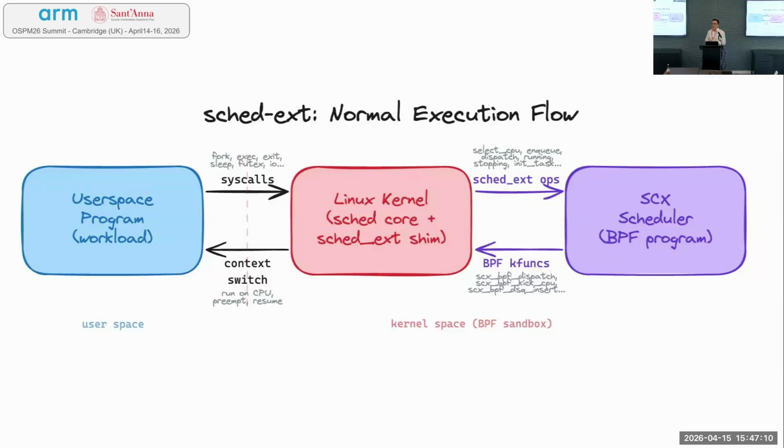And then on the other side, it's invoking the compiled BPF code for the SCX scheduler like LAVD. It's making up calls into the scheduler via this vector of struct ops that is the interface to the scheduler that other people have talked about in the sched_ext overview. And then, of course, the scheduler in turn can call back into the kernel via BPF helpers and kfuncs.